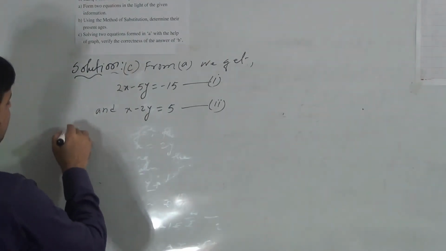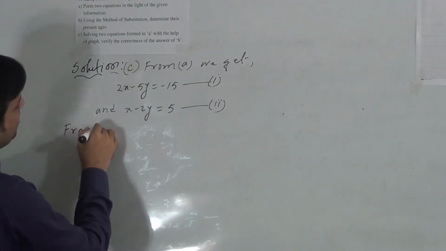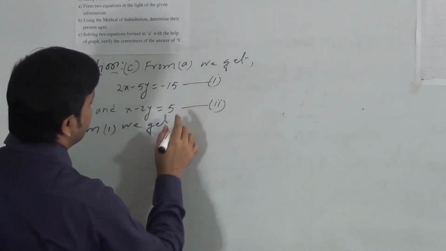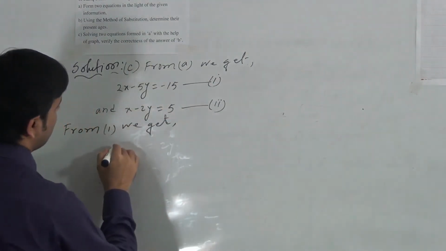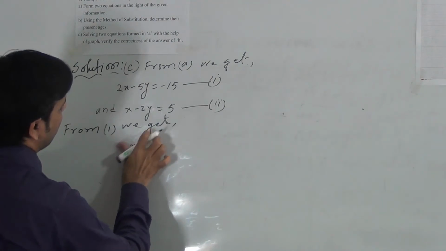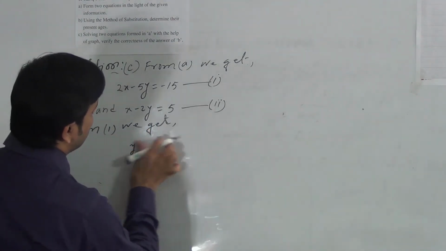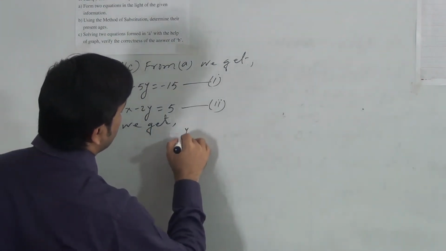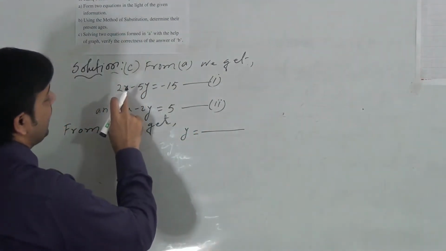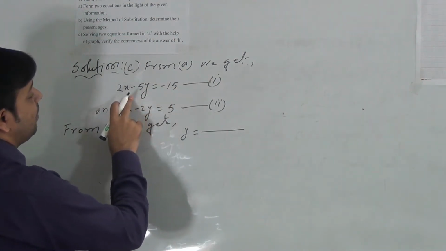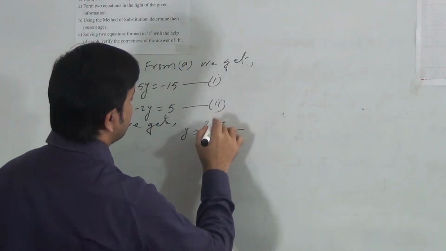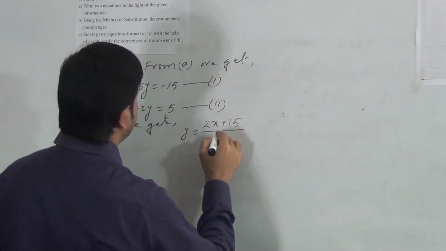Now we can write here, from 1 we get, what will we get from 1? 5y, or we can write directly y equal to, we can take this one here and minus 15 on this side, so we can write here 2x plus 15 divided by 5.